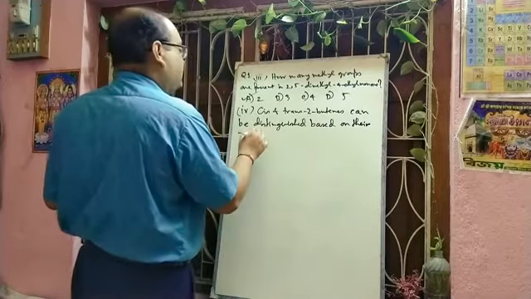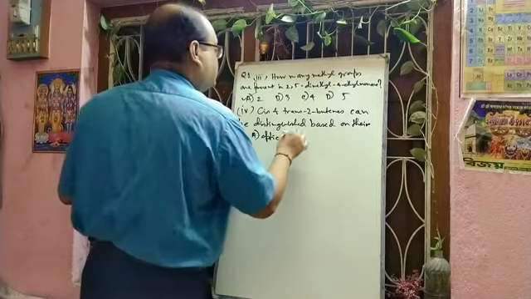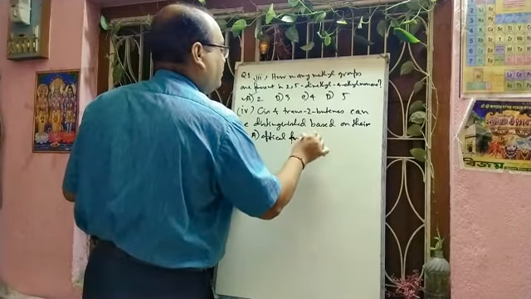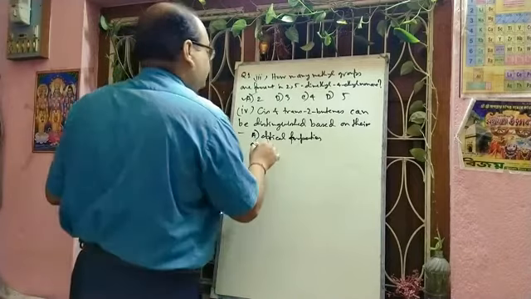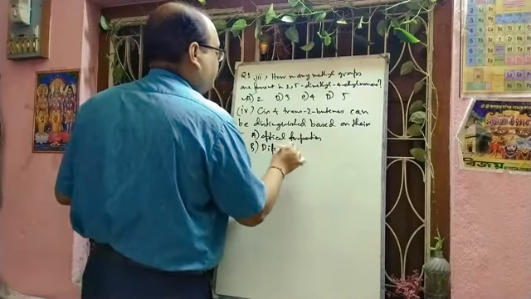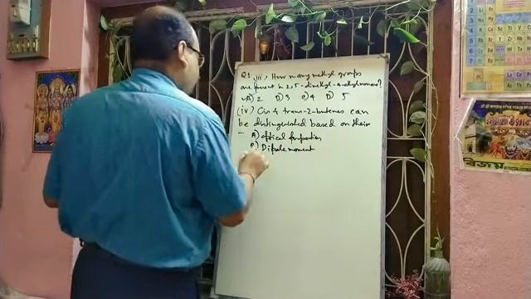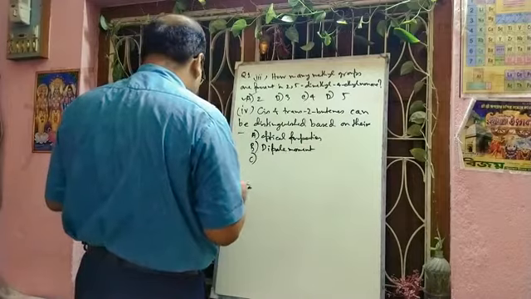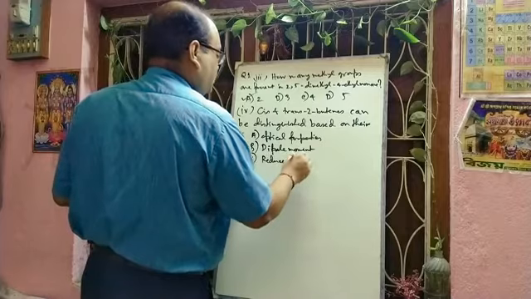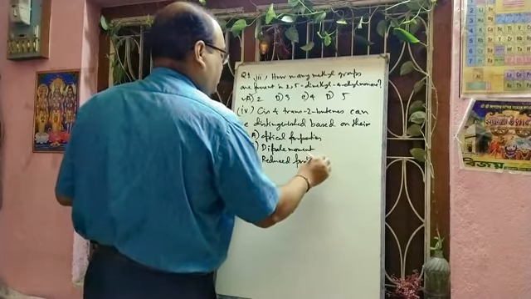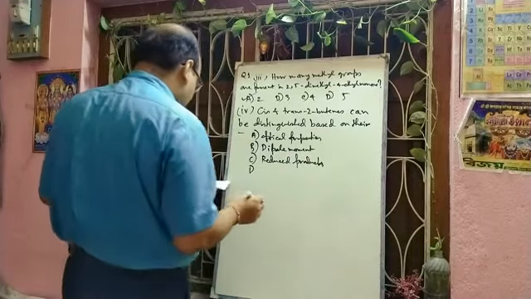Option A is given optical properties. Option B is given dipole moment. Option C is given reduced products. Option D is given chlorinated product.